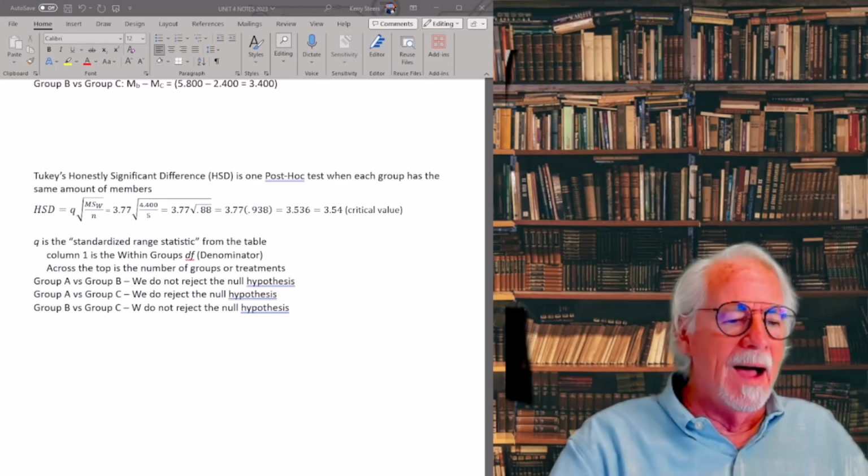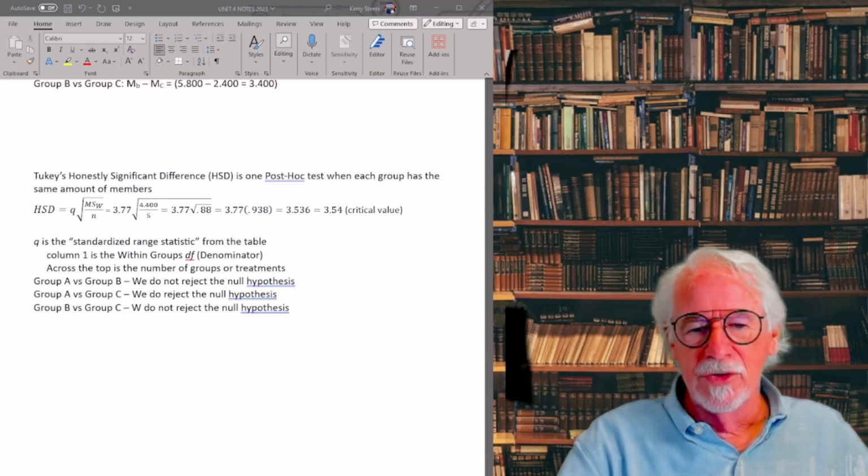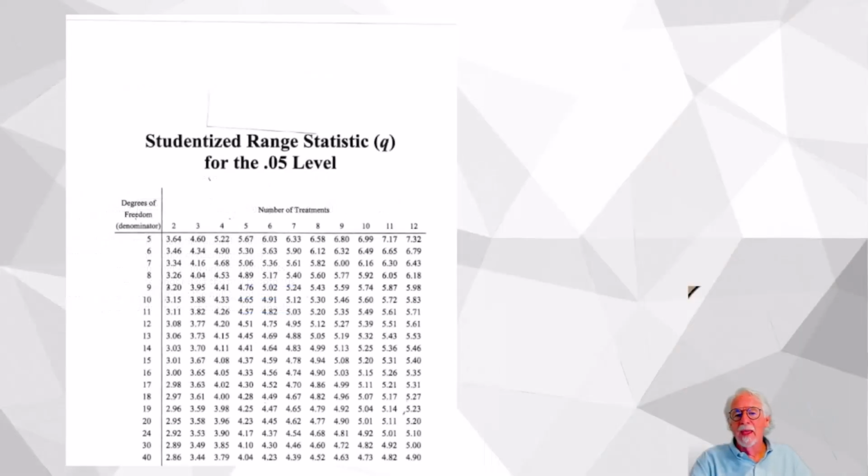So let's see. I am going to show you the Q table. Basically what happens is we need to know the degrees of freedom, which we do, right? The denominator degrees of freedom, which was, what did we say? The within groups degrees of freedom.